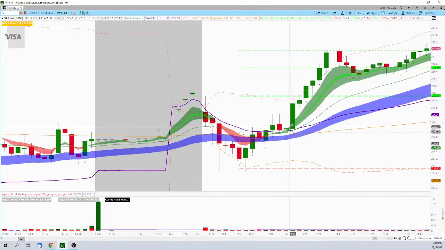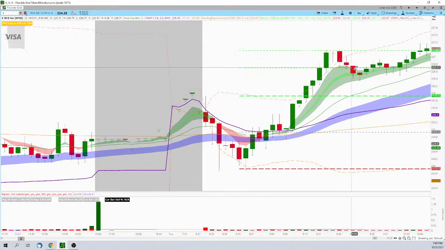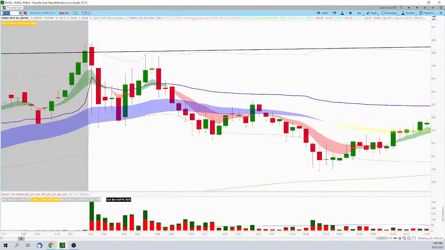Entry, you can enter right here, and you can ride this up again and just scalp up through that. And that's why playing inside days is tough. And that's why Rob, Sarah, and every great stratter does not recommend playing inside days. Let's look at ROKU.